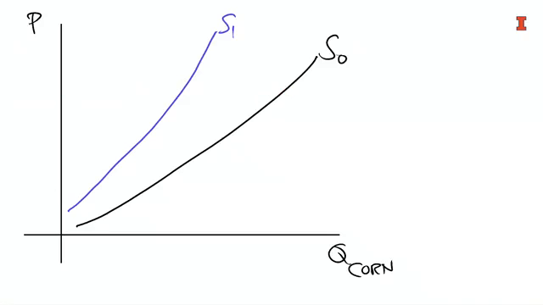If you were to call out some price, P0, in the old days firms would have sold you this amount, but they just don't have that available anymore. At any possible price, there's just less corn out there than there used to be. And so the supply curve itself has shifted back, and you describe that as a reduction in supply, a decrease in supply.